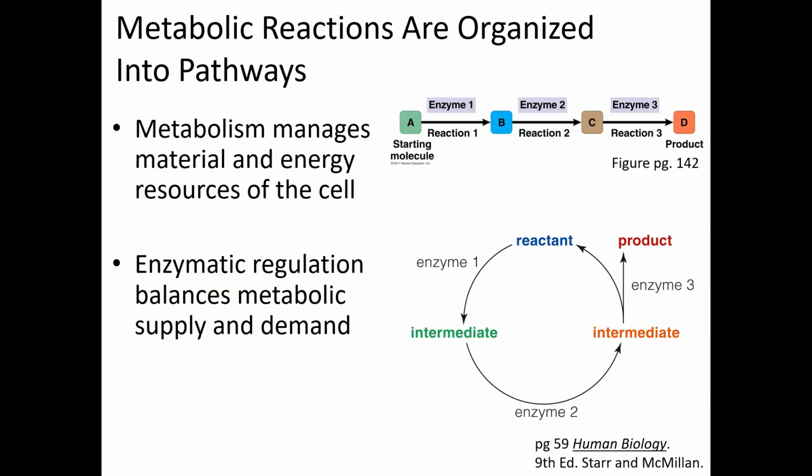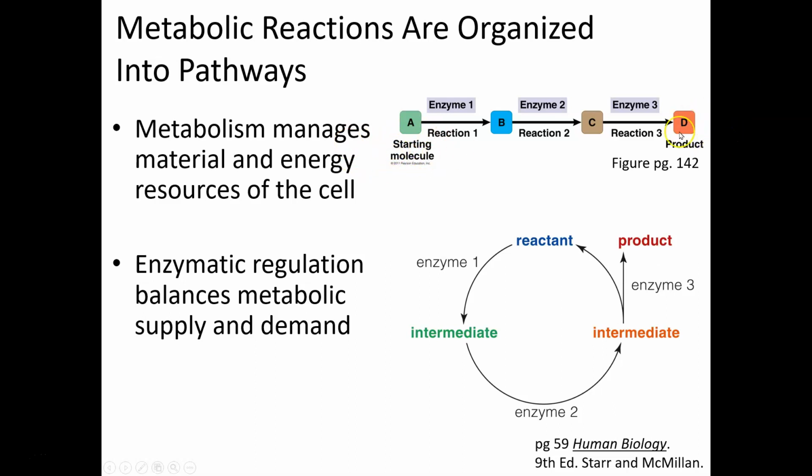When we look at metabolism, metabolism is organized into different pathways. There's a number of different types of pathways you can have. Sometimes they're linear, right? A goes to B, and B goes to C, and C goes to D. When we look at that, A is called the substrate.